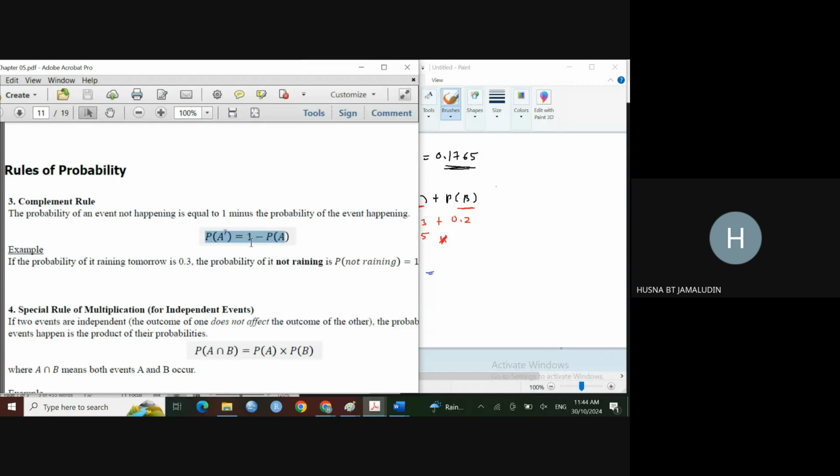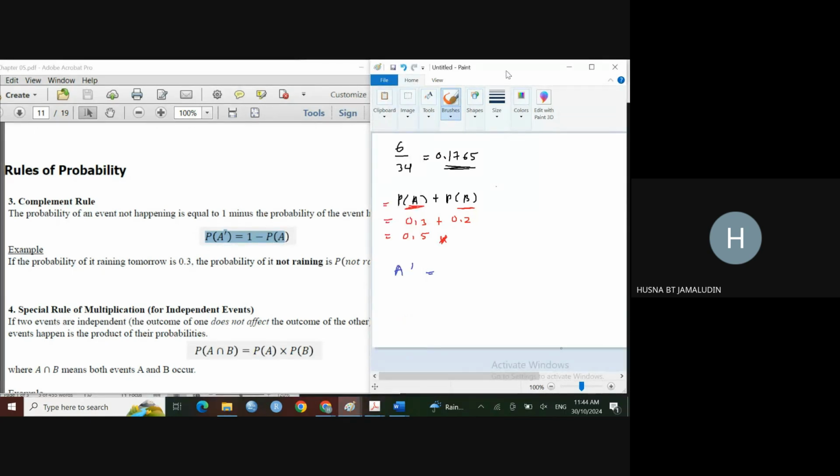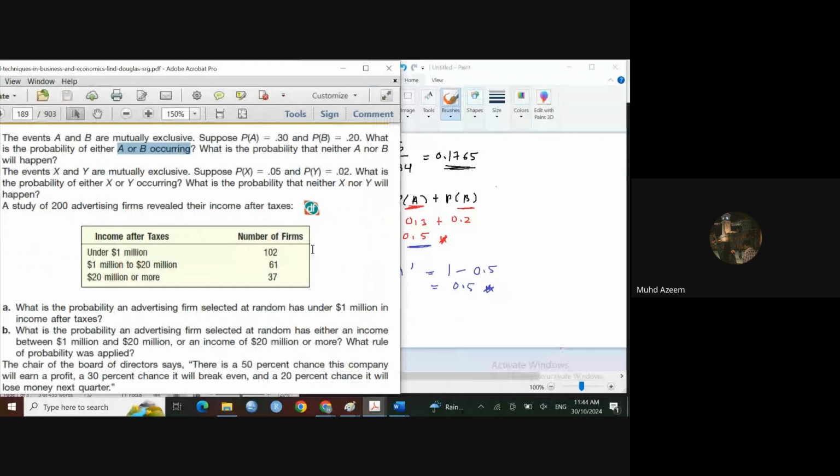You take 1, because the total probability is equal to 1. 1 minus the probability of A. So what you're going to do is 1 minus, this is your A just now, right? 1 minus the one that you have computed, 0.5. So what will you get? 0.5 as well. Okay, so far so good? Good.